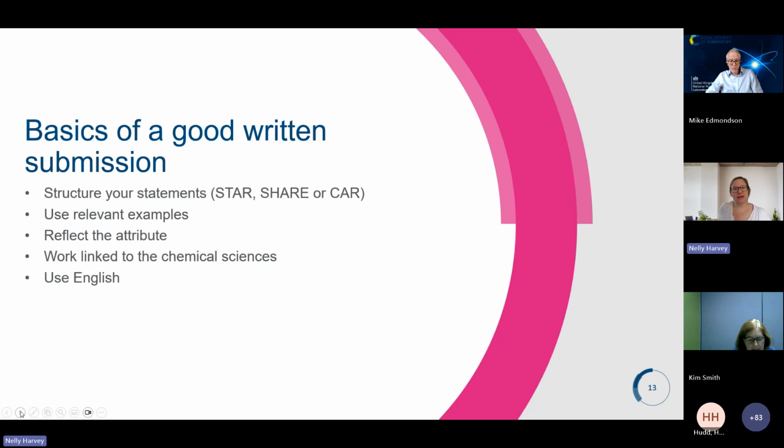Next, we would like you to use English in your statements, and we would like the primary evidence also to be in English. You may have evidence in another language depending on where you work, and we'll accept a translation of that to understand what that primary evidence is about. But for the moment, please use English in your application.